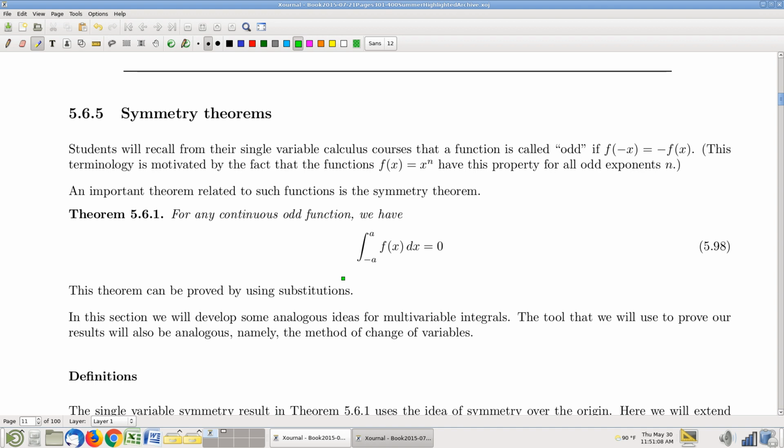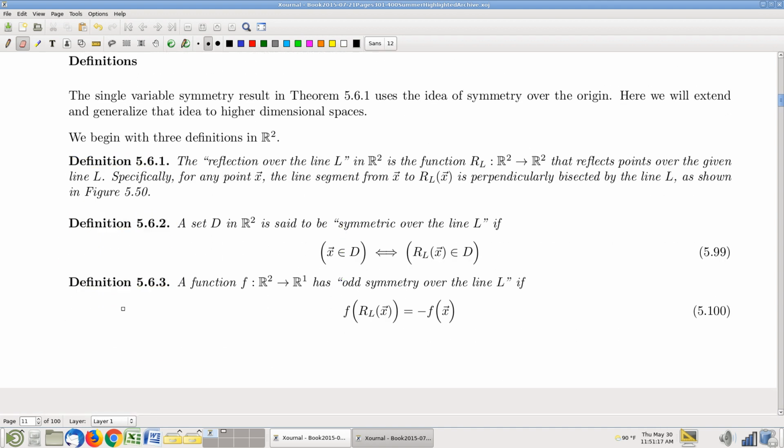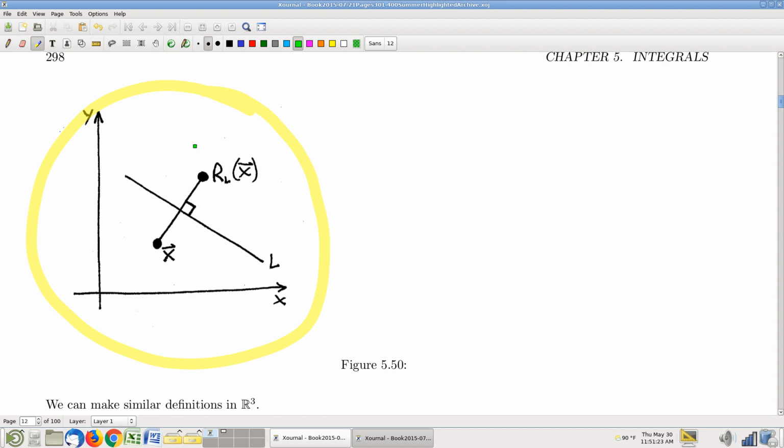Okay. All right. So I'm going to show you multivariable versions of this. So I do have to define a couple of things. This is just details, words that have to get said. The reflection over a line. This means exactly what you think it means. Here's a picture.